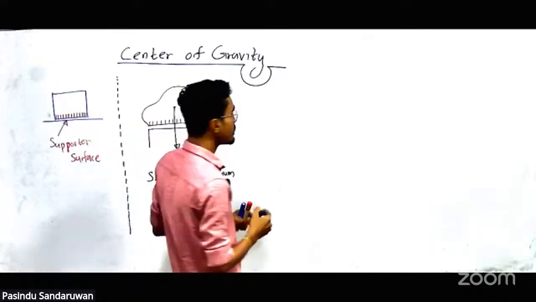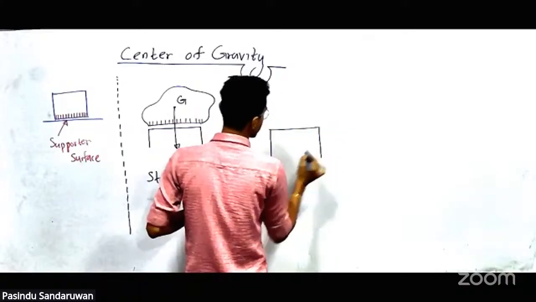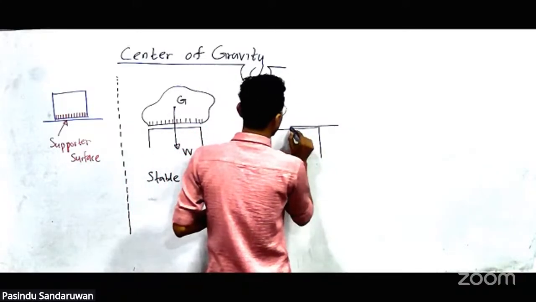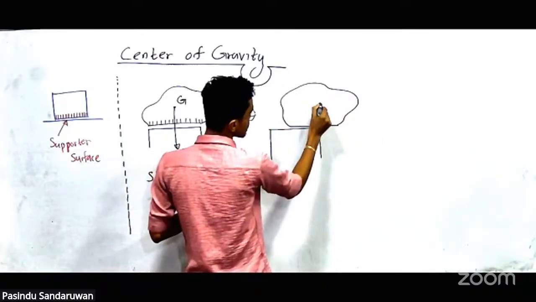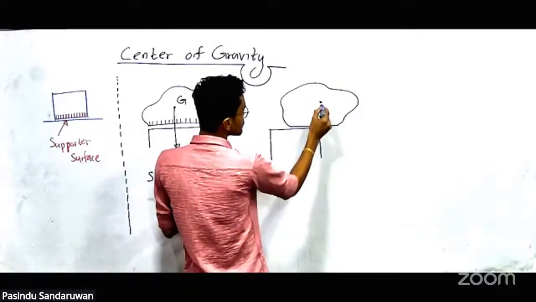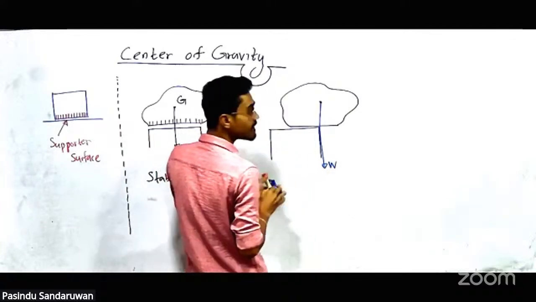Now, if I move this object to somewhere here, its center of gravity comes to the very edge of the supporter. What is the supporter surface now?